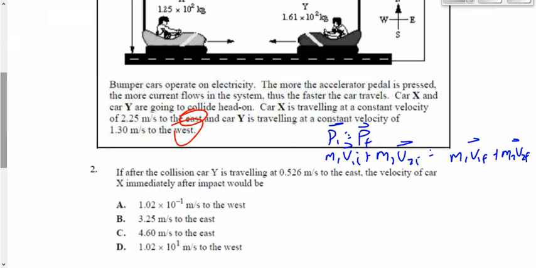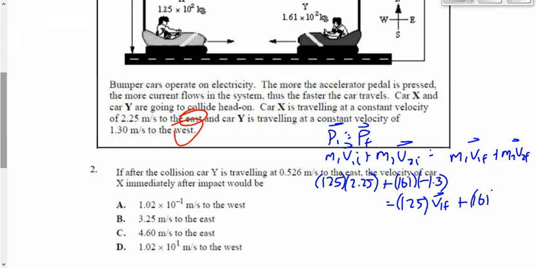Mass 1 is 125 kilograms. V1I is 2.25. M2 is 161. V2I is negative 1.3. M1 is 125. It's a negative because it's to the west, right? V1F, that's what we're looking for, plus M2, 161 times 0.526.